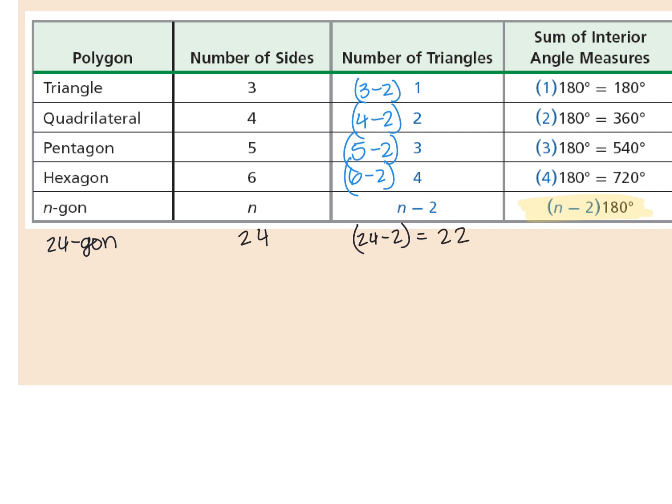So if I were to write it out using my formula, I'm going to have 24 minus 2 times 180. So we said it's 22. And you guys can use a calculator. 22 times 180 is going to give me a large number. 3,960 is the measure of the sum of all my interior angles.